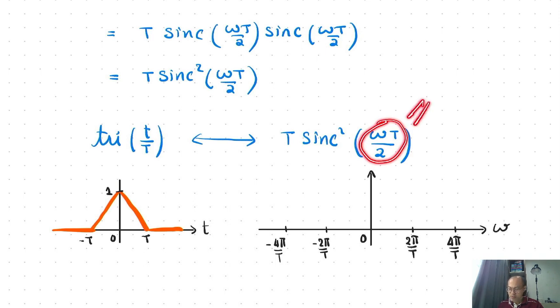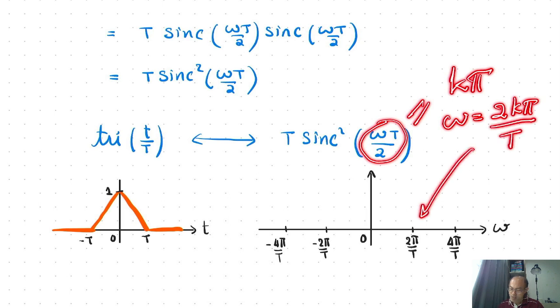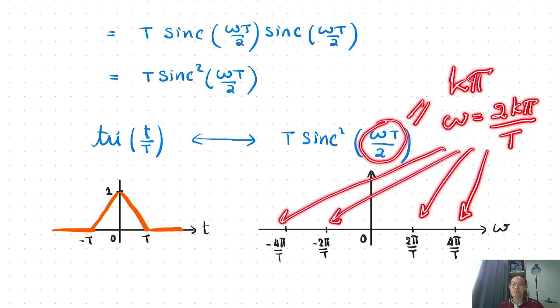Because when the parenthesis is equal to k pi, then the sinc will be zero. So these are the zero crossings of the sinc function, and then omega would have to be 2k pi over big T. So this is when k equals 1, this is when k equals 2, this is when k equals minus 1, this is when k equals minus 2.